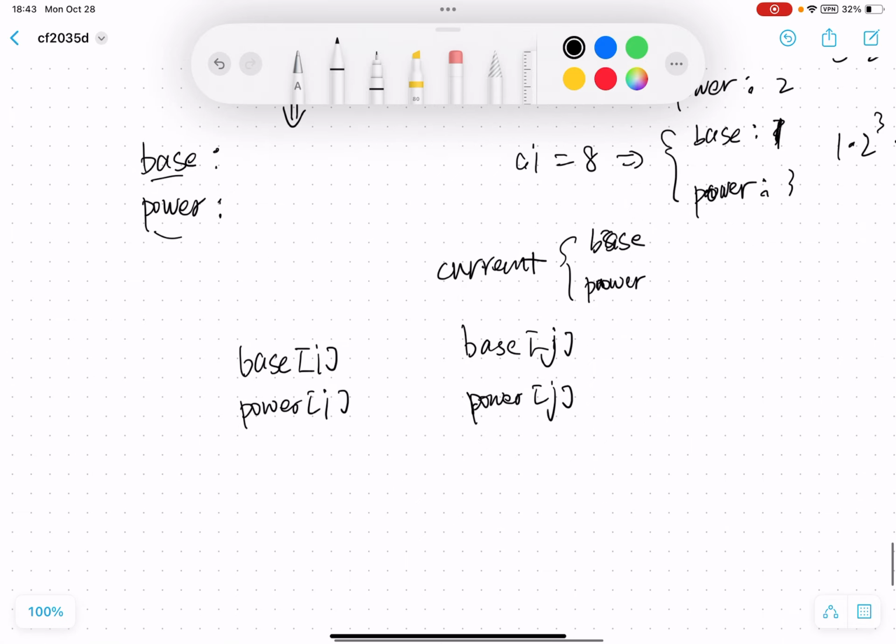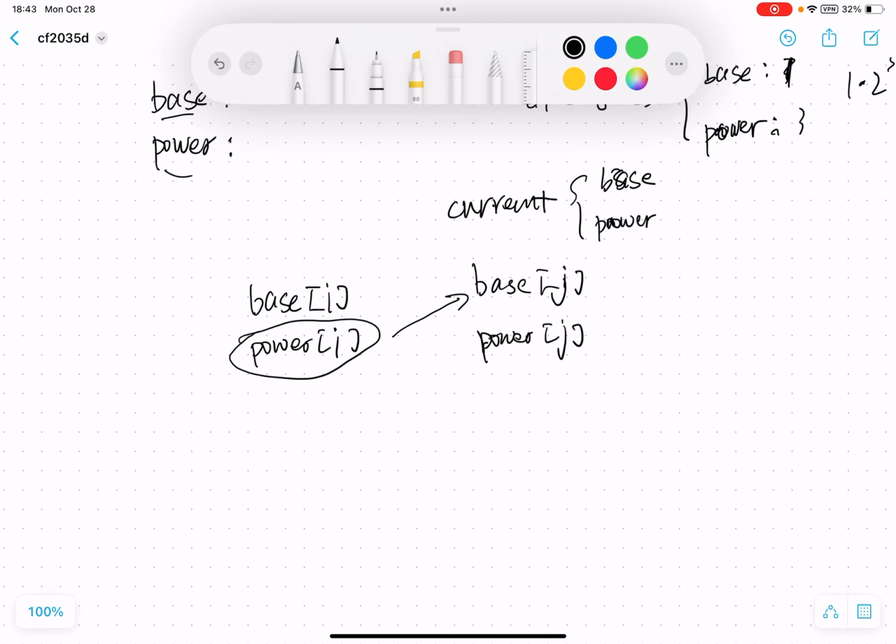What we need to check is whether we should multiply power i into base j. There are two strategies, using power i and power j. For power j, the only way to use it is to multiply it into base j.